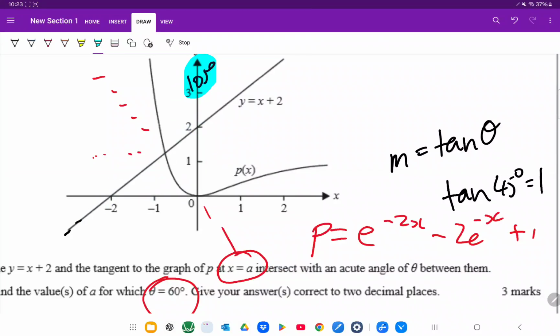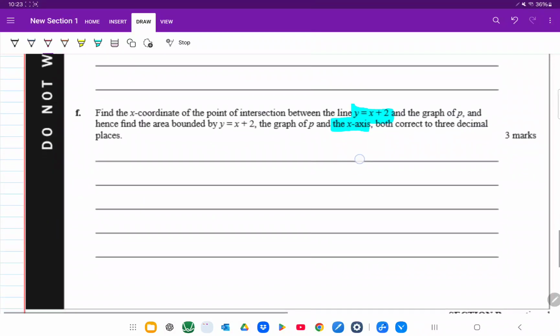We're looking at this point of intersection, and we're going to find out what this area is, and we're going to add it on to whatever this red area is here. So we're going to need to form two equations, and we'll plug this into the CAS and you'll hopefully get the correct answer.